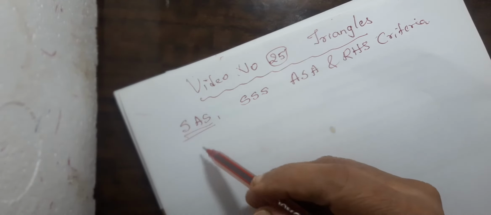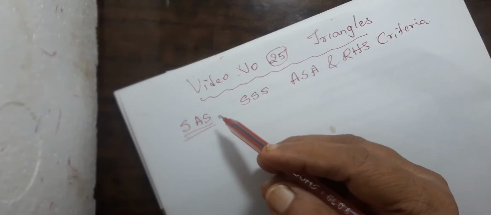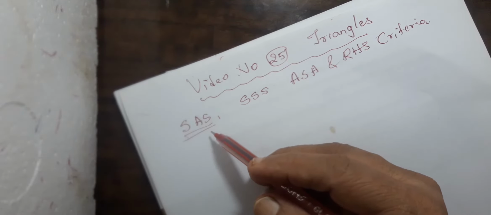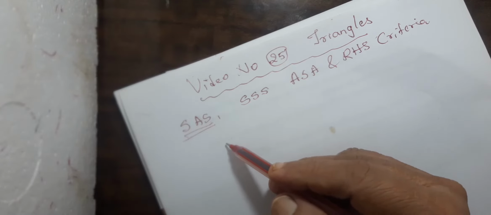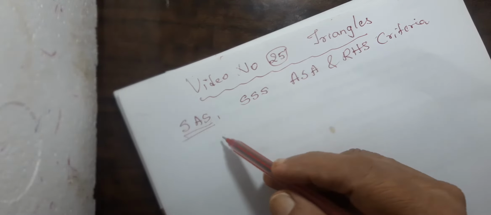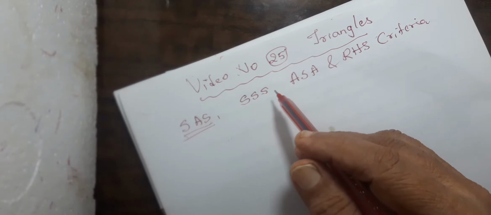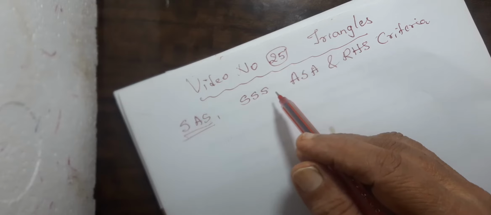The ratio of any two sides must be equal, but the included angle of those proportional sides must be equal to the included angle in the other figure also. That means three measurements, but the proportions of two sides and the included angle between them should be equal.